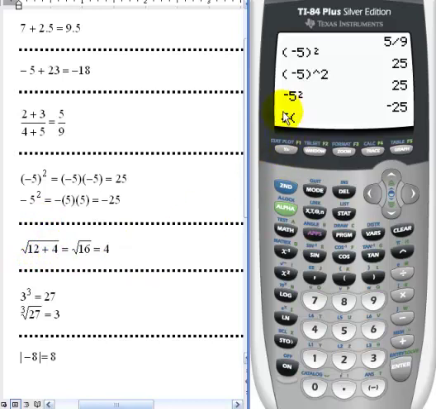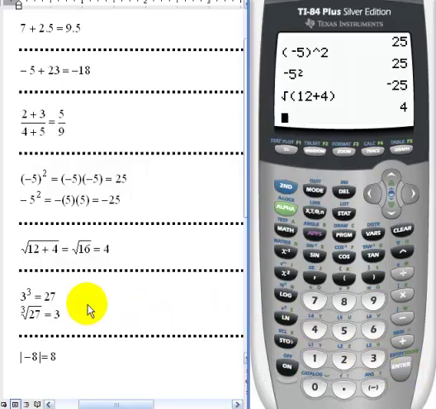Notice how the calculator doesn't extend the radical here. So I want to make sure that 12 plus 4 is under the radical, and I close off the radical with the parenthesis. Of course, I could just punch in the square root of 16 to get that answer, but I wanted to stress using parentheses when necessary.